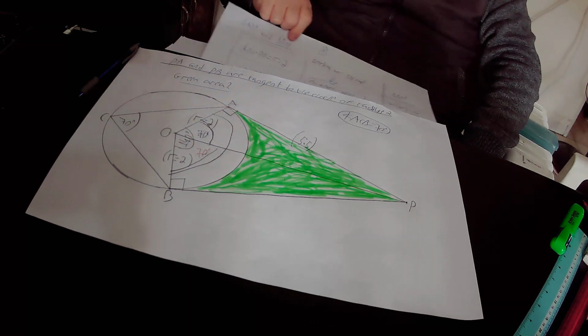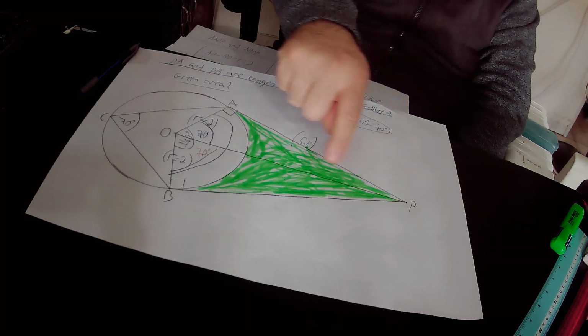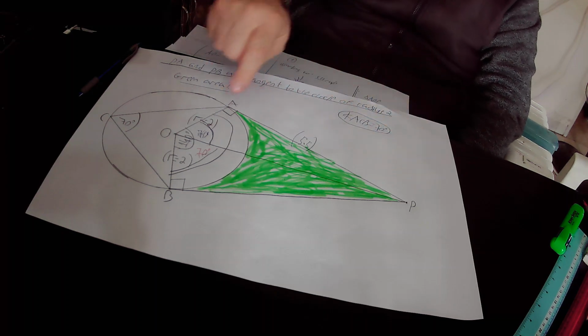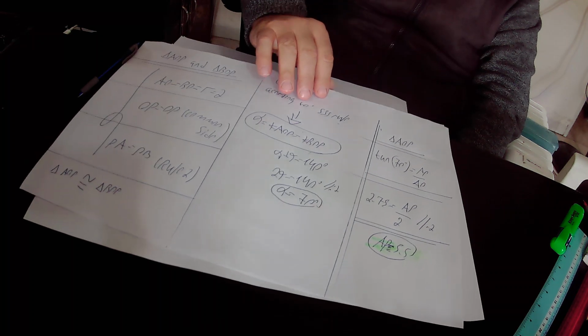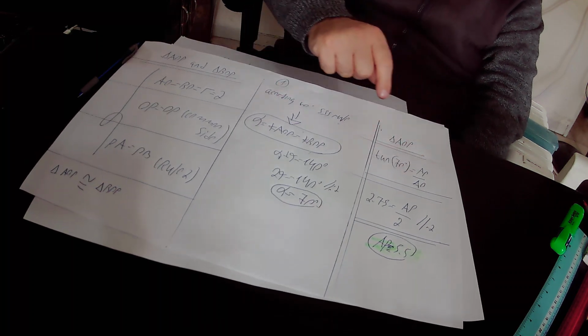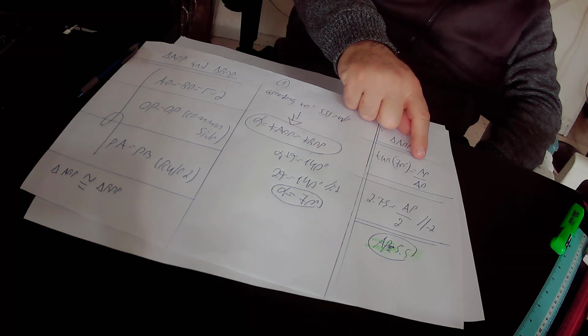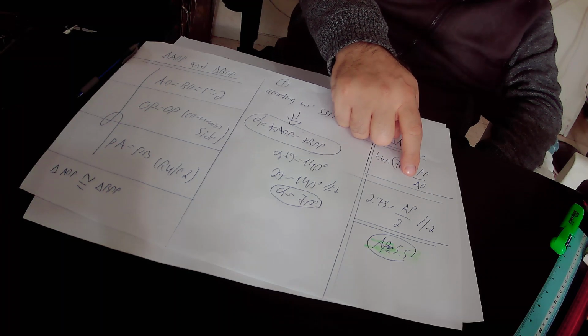In the next step we focused on the right upper triangle, triangle AOP. In the right upper triangle APO, tan 70 degrees equals AP over AO. Tan 70 degrees is 2.75, and it equals AP, the missing side, over AO.